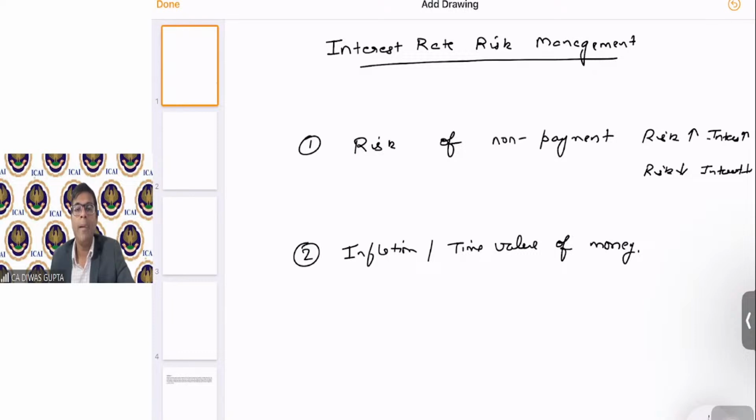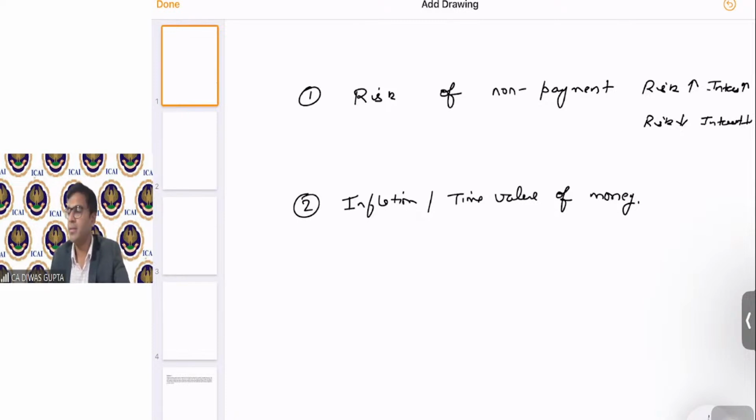Inflation is actually from one year to another year, if the general prices of any commodity or any basket of goods increases such that the purchasing power of that currency goes down, that is termed as inflation. Or in interest parlance, we also refer to it as time value of money. Because 10 rupees today will not be equal to 10 rupees 1 year from today. It will be higher or it can be lower. Correct? Generally, it is higher. That is why we always call there is an inflation.